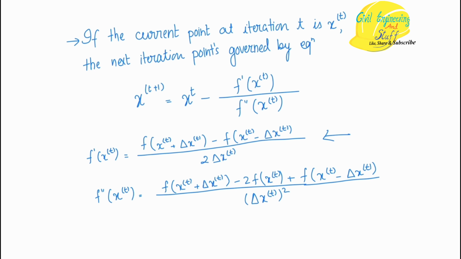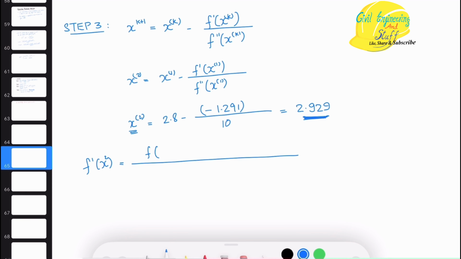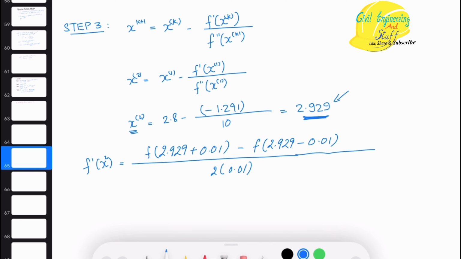So I will write the values: f of 2.929 plus 0.01, minus f of 2.929 minus 0.01, divided by twice of 0.01.